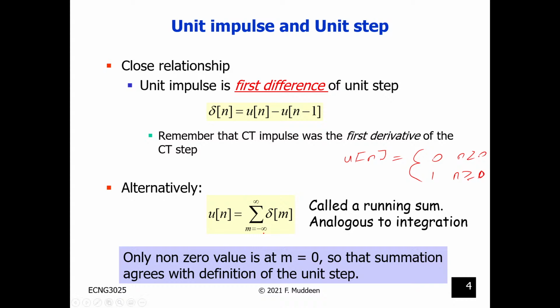So this summation series here goes from negative infinity to positive infinity. To correct this, u of n needs to be the summation from m equals 0 to positive infinity of delta of m, to make sure that it actually matches back to our actual unit step in discretized time.